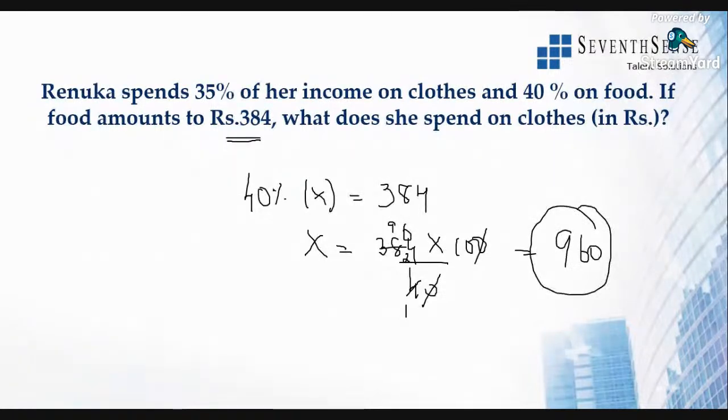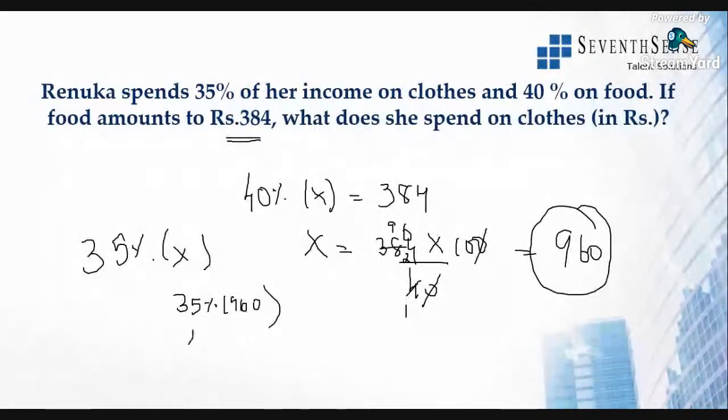Now she is spending 35% of her income on clothes, right? So what is 35% of her total income, which is X? X is 960. So find out 35% of 960. You can take it as 40 minus 5. 10% is 96. 40% is 96 into 4 times. 9 fours are 36, so 360, plus 6 fours are 24.